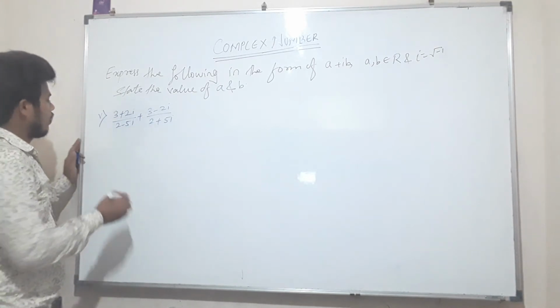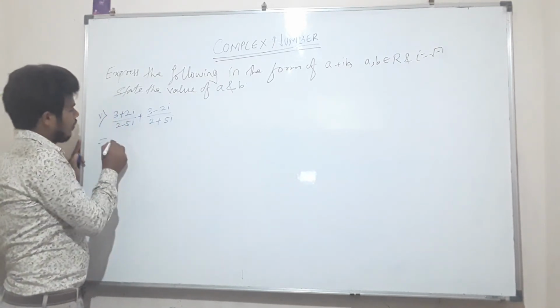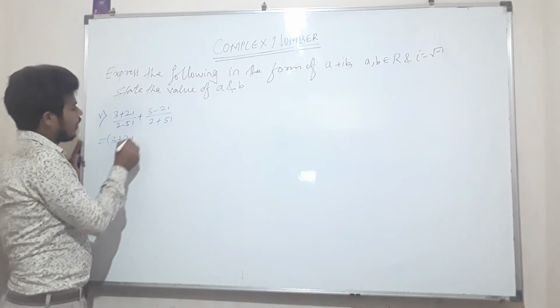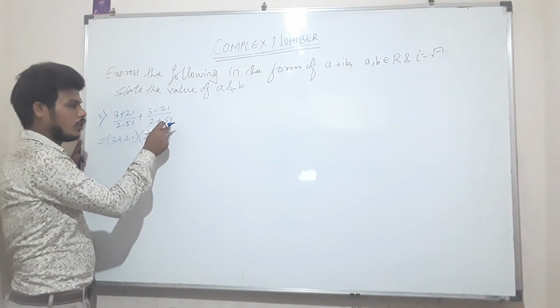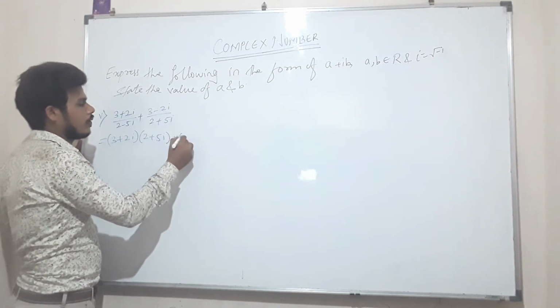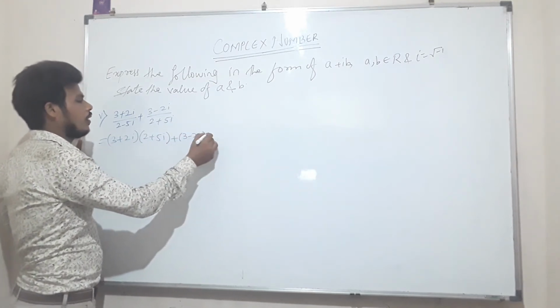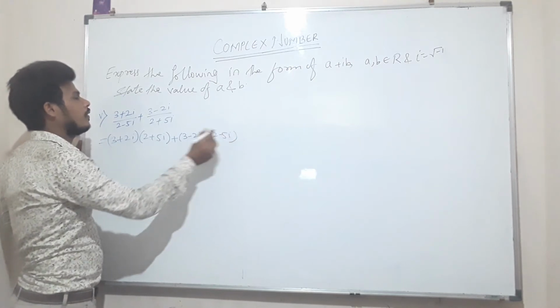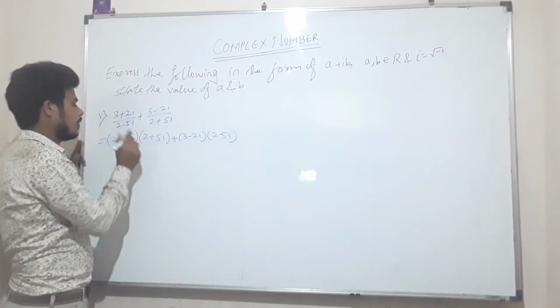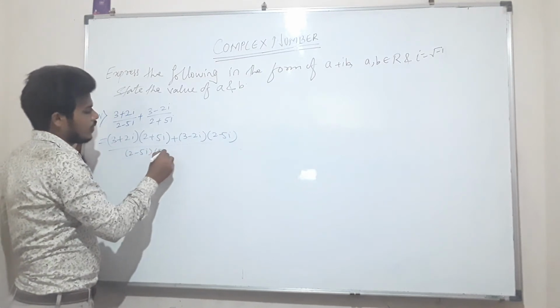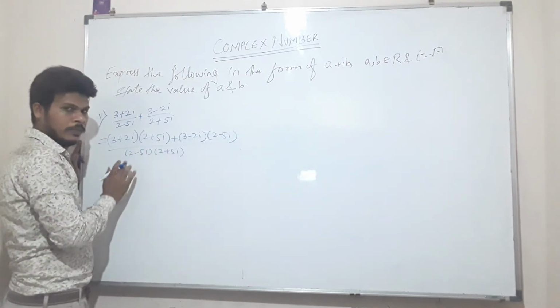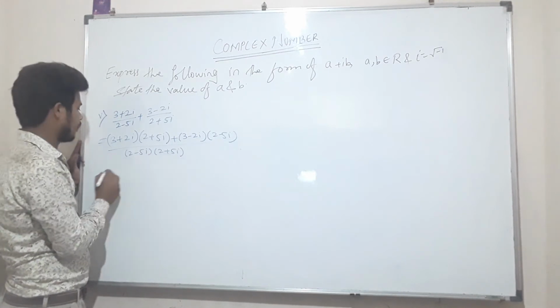It will be 3 plus 2i into 2 plus 5i plus 3 minus 2i into 2 minus 5i, this with this and this with this, upon 2 minus 5i, 2 plus 5i, a minus b, a plus b.